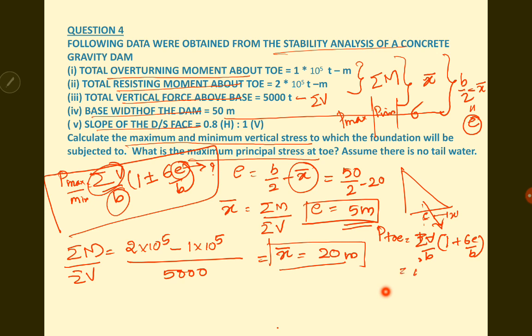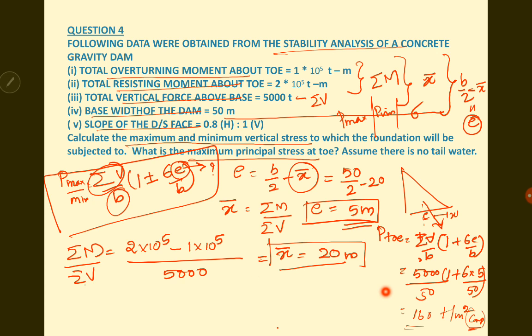Sigma V is equal to 5000 by B is equal to 50, into 1 plus 6 into 5 by 50, right? So the value will be equal to 160 tons per meter square. It will be compressive. The value is positive, so it's compressive. If the value comes to be negative, you must understand it is tension.